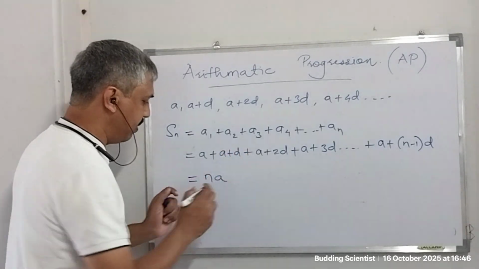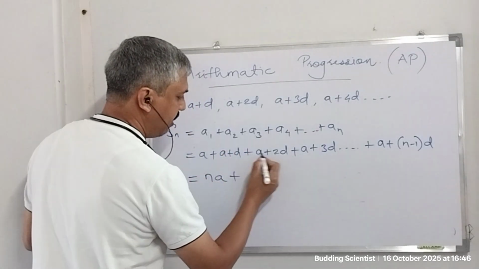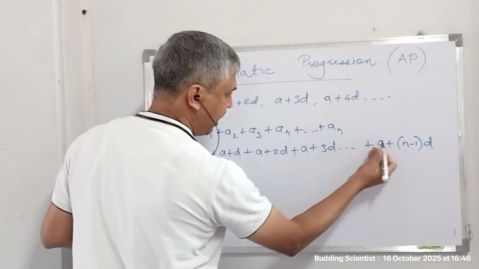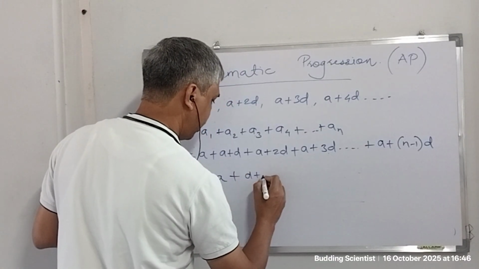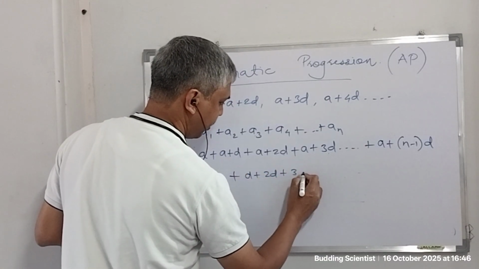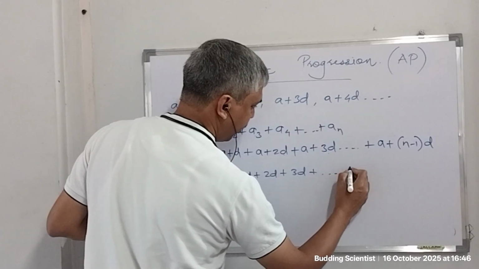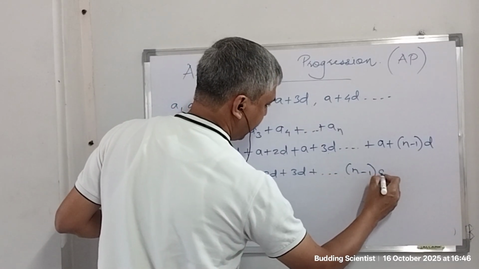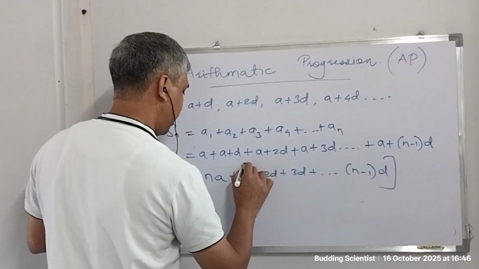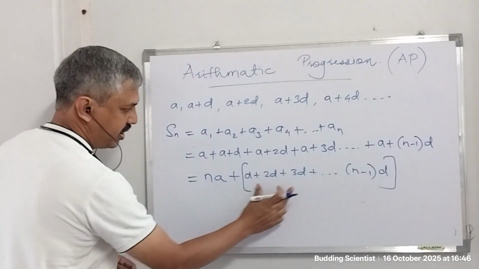Now here is d plus 2d plus 3d plus dot dot dot n minus 1 into d. This part is there.